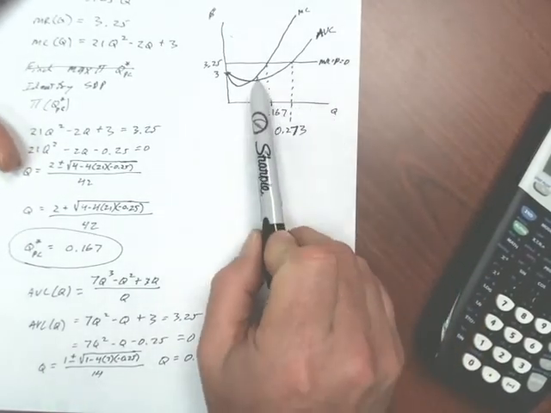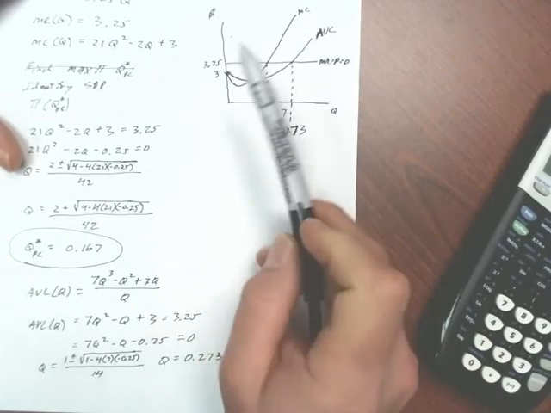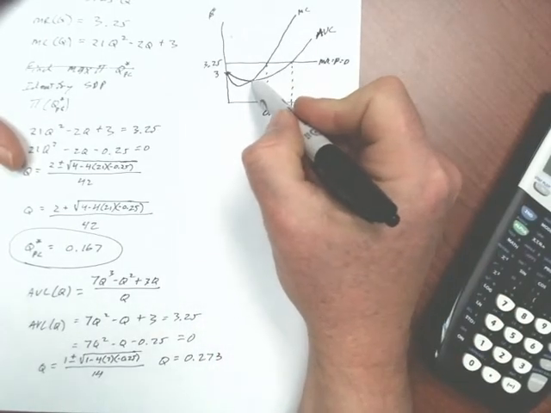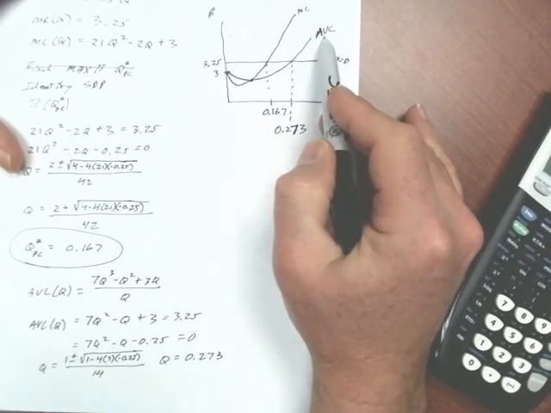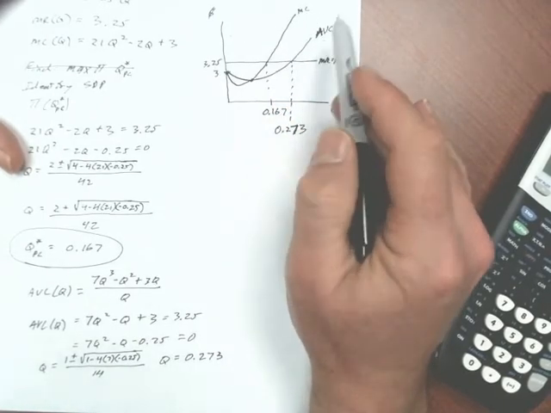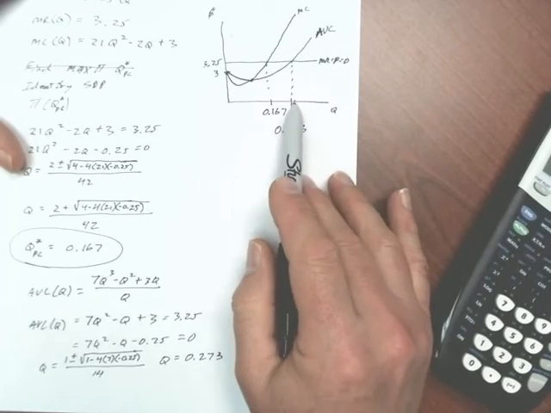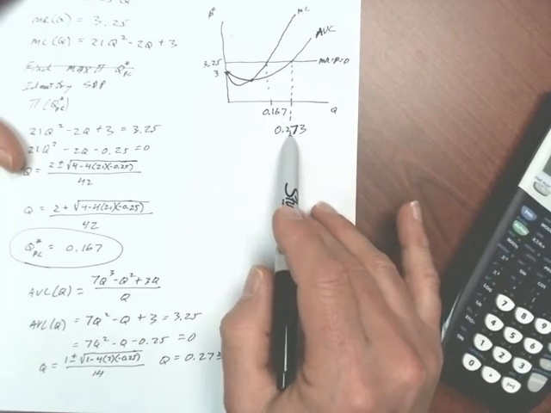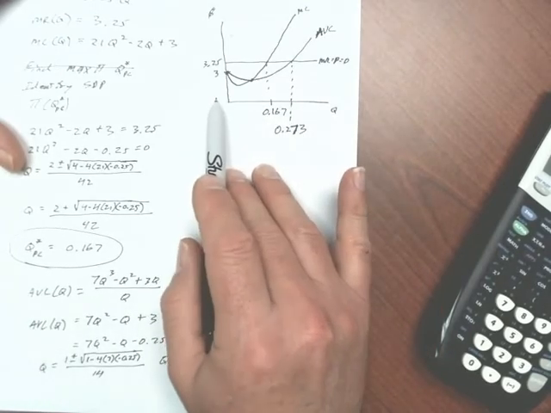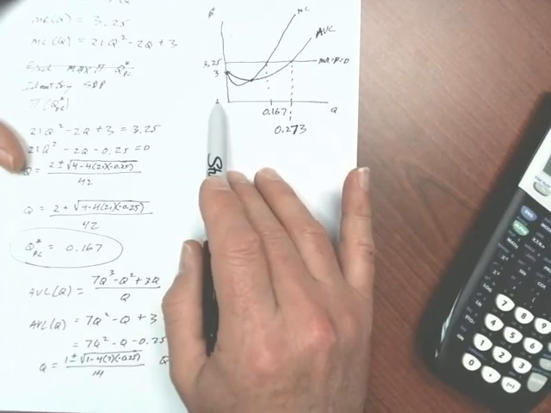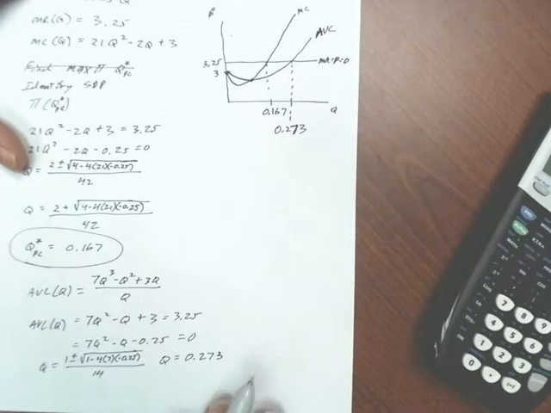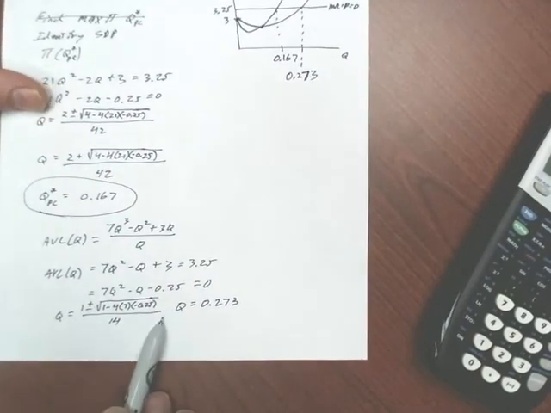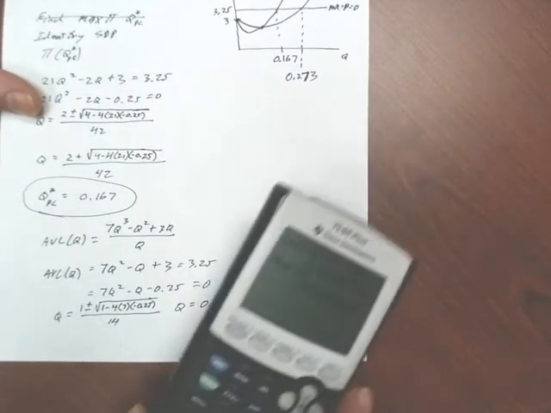Now, that said, how do we find the bottom of this? Well, again, we can do one of two things. We can either look for the intersection of marginal cost and average variable cost, or we can simply find the symmetric value of Q for average variable cost, which is going to be somewhere over here because average variable cost has to come back up. So what is the negative value of Q?